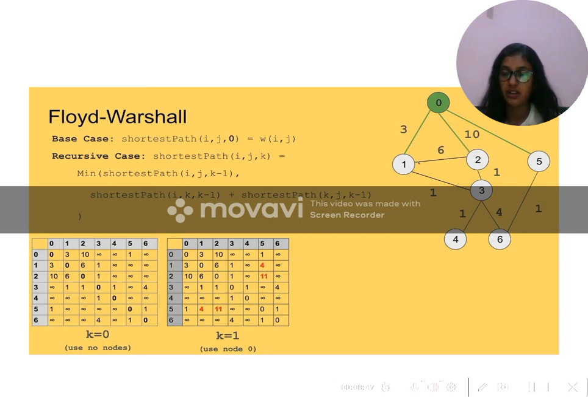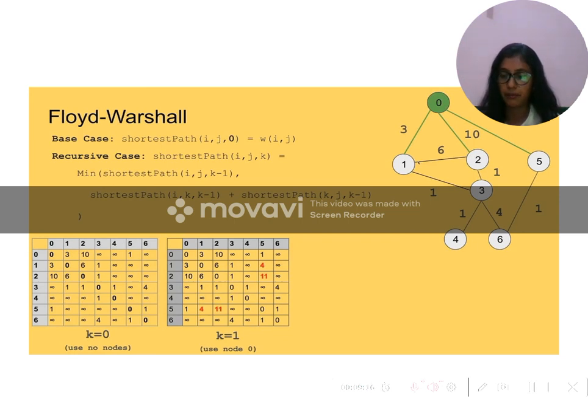For example, for 1 and 5 there is no edge, so the shortest path between 1 and 5 was infinity. Now, when we are allowed to use 0, the shortest path between 1 and 5 goes from 1 to 0, which is 3, then from 0 to 5, which is 1, so the value gets updated to 4.